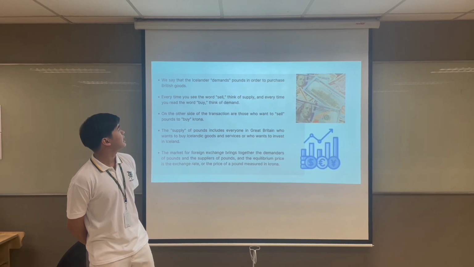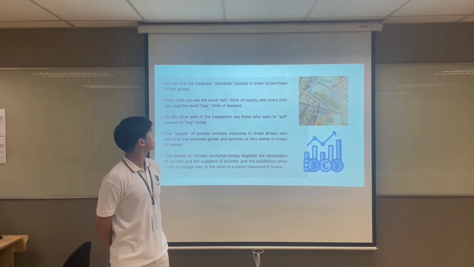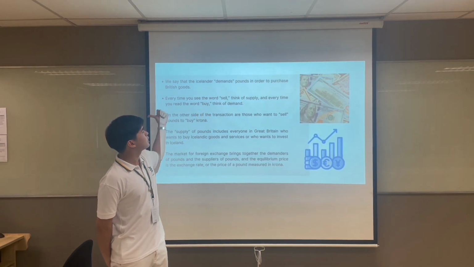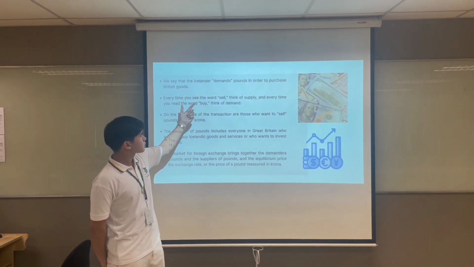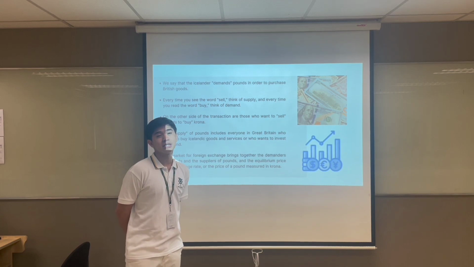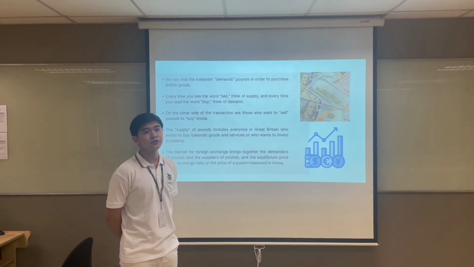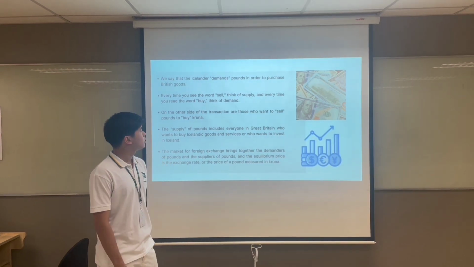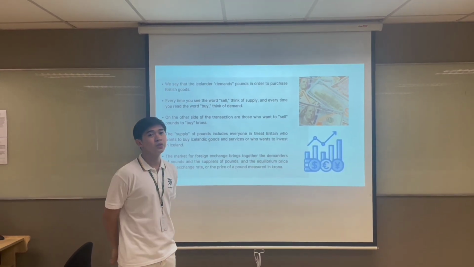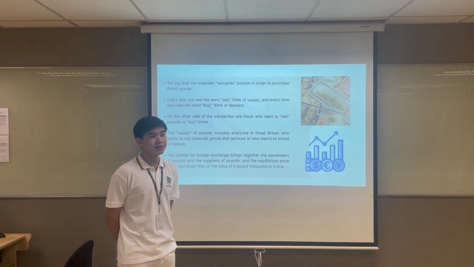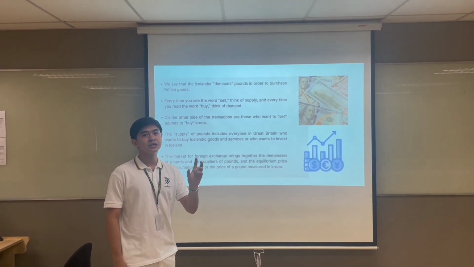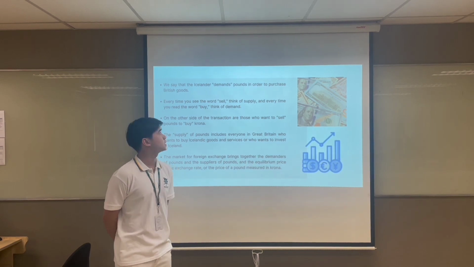So we say that the Icelander demands pounds in order to purchase British goods. So just like what happened earlier, in order to purchase British goods, you must first convert krona into pounds. So in order for the Icelanders to buy British goods, they must first convert their currency to British currency.